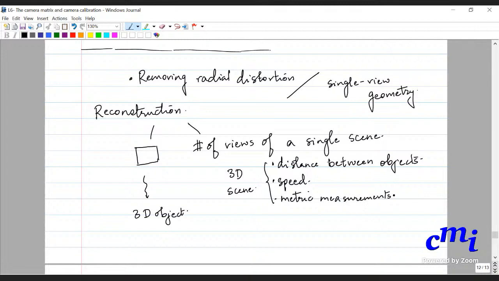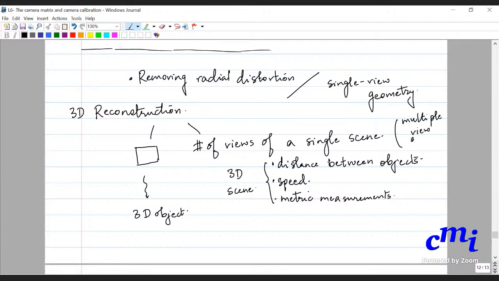This is a very common application of computer vision, called just reconstruction or 3D reconstruction. The geometry that deals with having more than one view of a single scene, and how to compute all this from those views, is called multiple view geometry, and that is what this book is about.